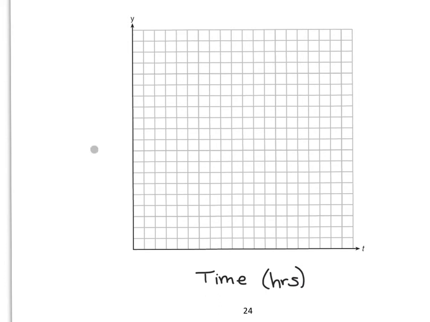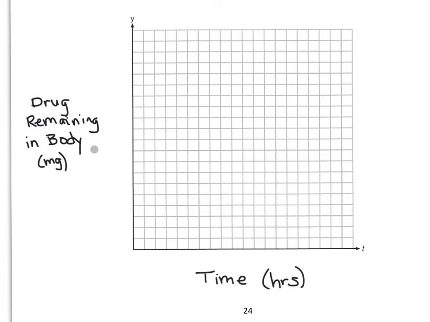I'm going to call it, let's see, drug remaining in body. If it's easier for you to write this sideways along your paper, you can. So drug remaining. That's supposed to be an I in there. It's kind of hard to say, in body. And that was, what was that, in milligrams, I believe? If you look back up at the top of the page, yes, it is milligrams. So I'll just write mg.